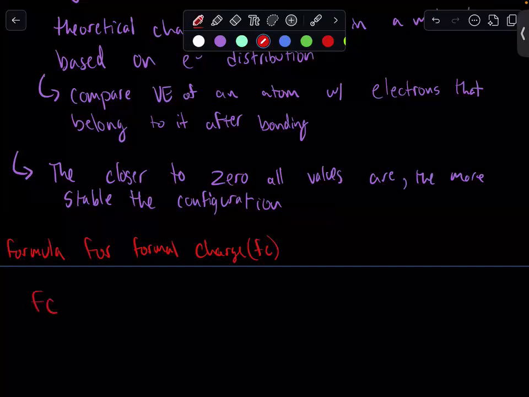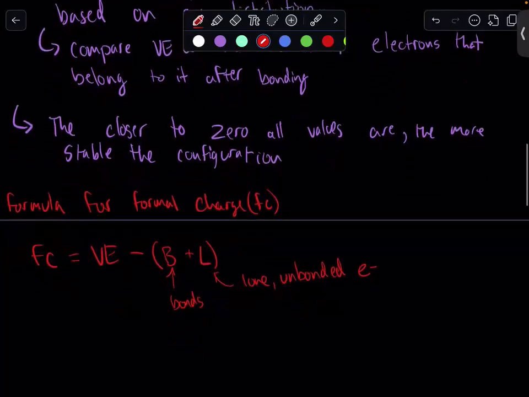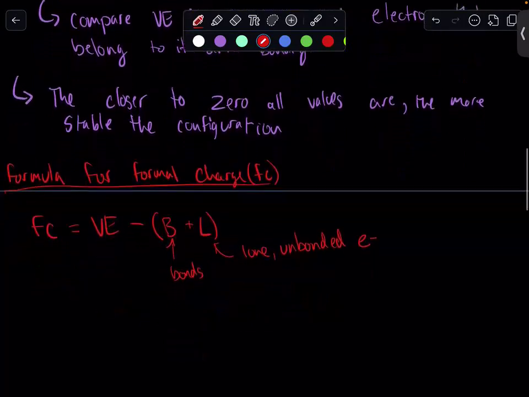So formal charge is equal to the valence electrons minus the sum of the bonds plus lone unbonded electrons.